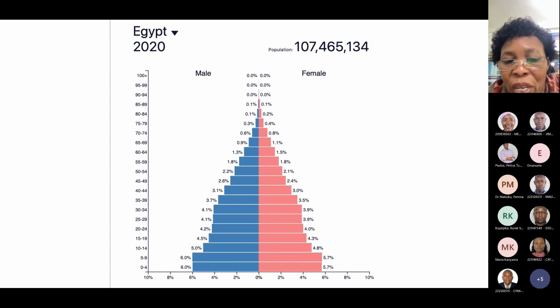And when they reach 1 year, they are still in the 0 to 4 group, then 2 years, then 3 years, then 4 years. So these children who were in this group, 0 to 4, 5 years ago, 5 years later, they are the survivors of that particular group. So they reach 5 to 9 years. I hope it makes sense.